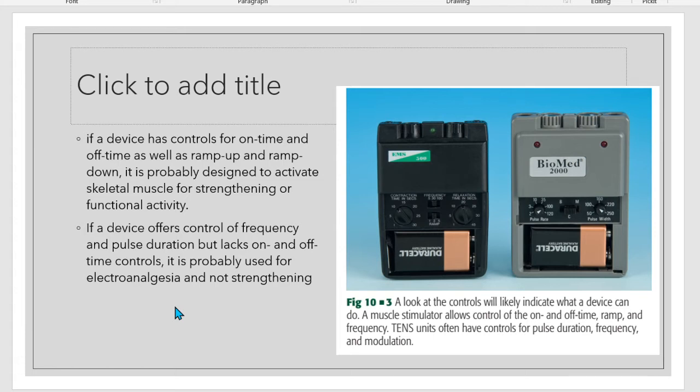Don't just operate your machine or modalities and apply it to your patient without trying it first. How would you give an instruction to your patient to know if it is really functional or not if you don't have any experience with your modalities?